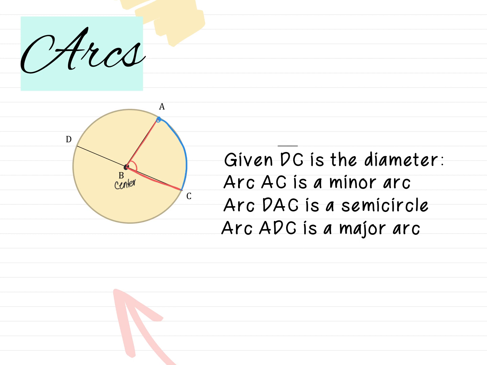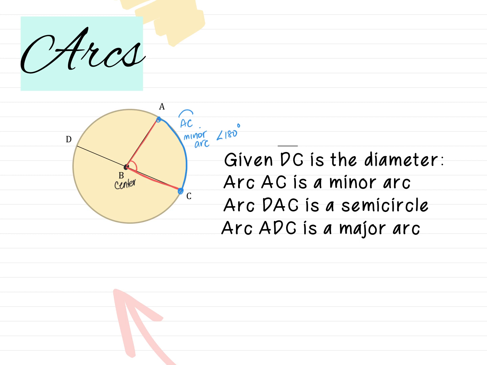It breaks the circle into this piece. Well, this arc, AC, is a minor arc. And we know it's a minor arc because it's less than 180 degrees. How do I know it's less than 180? Well, you're going to learn something in the next one, but just know that 180 degrees is a half circle, and so this is clearly less than a half circle.